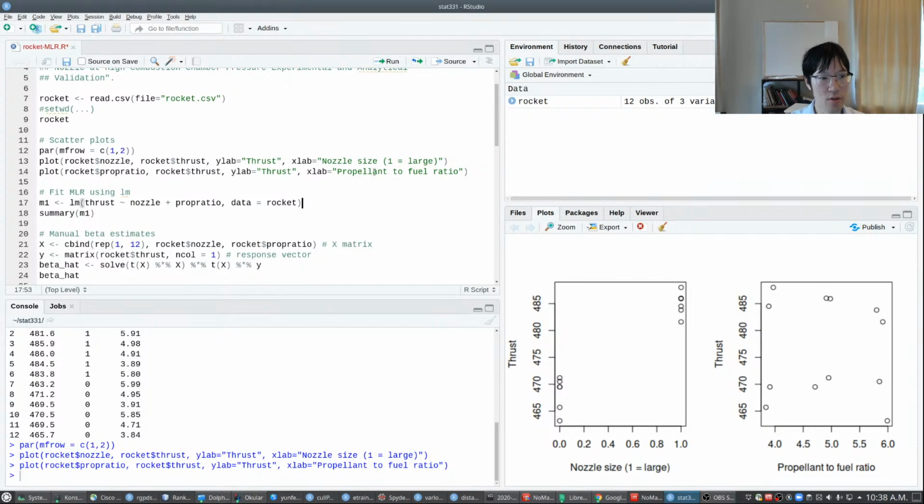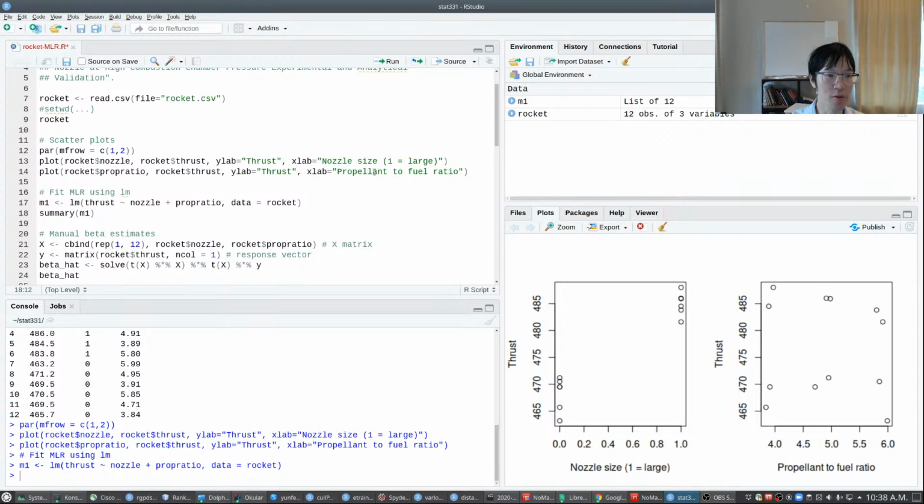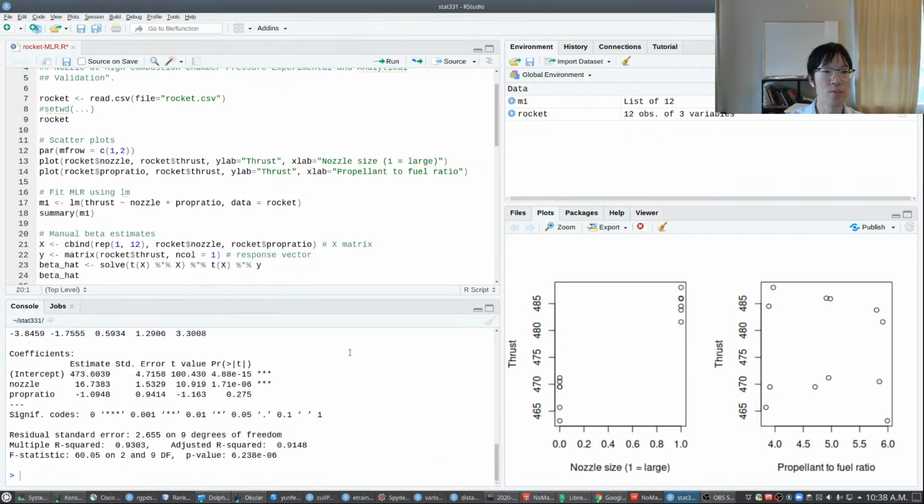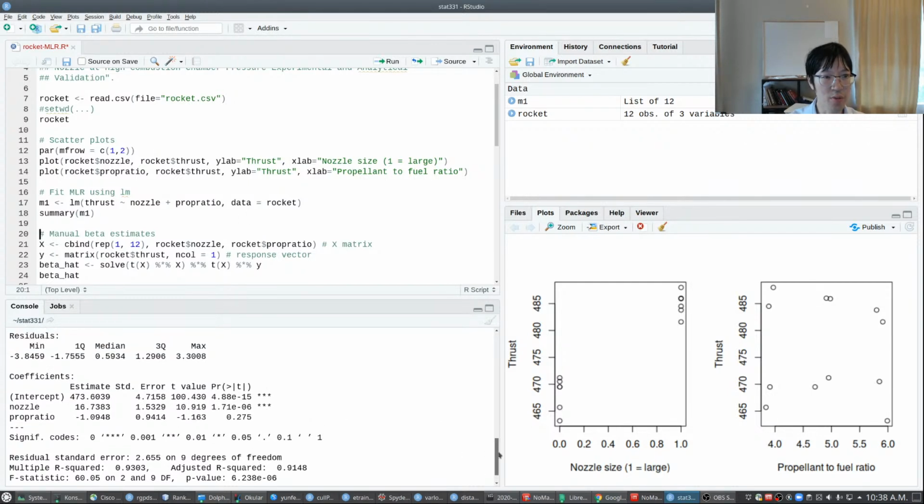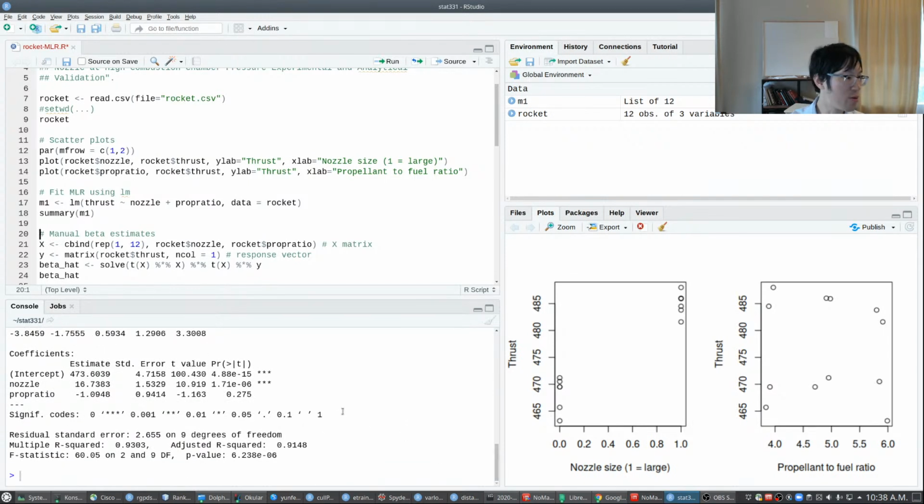Okay, so let's fit the model, and then as before, we'll use the summary to see the estimates that R gives us, along with standard errors and then the p-values and so on. So the format of this is pretty much the same as for simple linear regression. We have the estimates followed by their standard errors, followed by the t-statistic, and then the p-values.